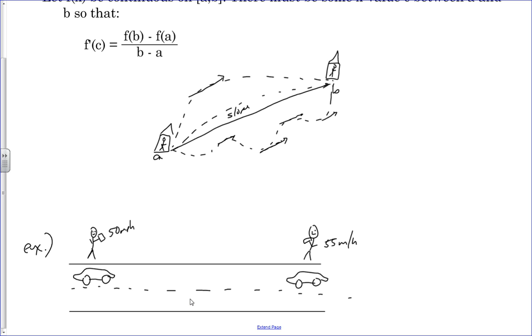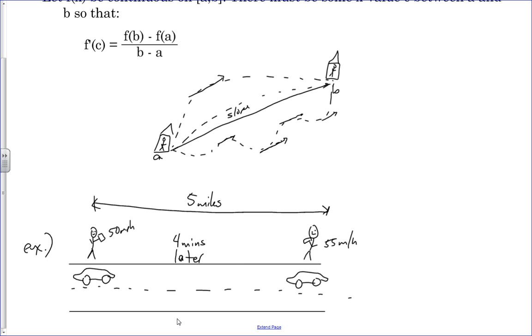If he gets to this cop only 4 minutes later, and they are 5 miles apart.